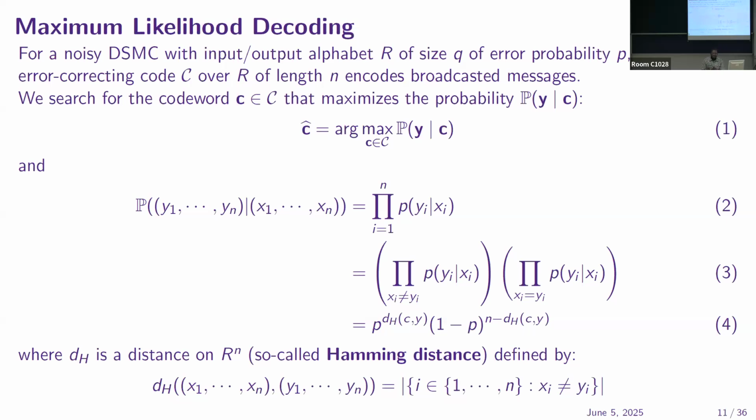So maximum likelihood decoding is determined by what is closest to the code word.